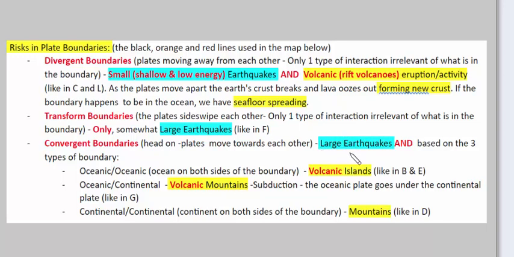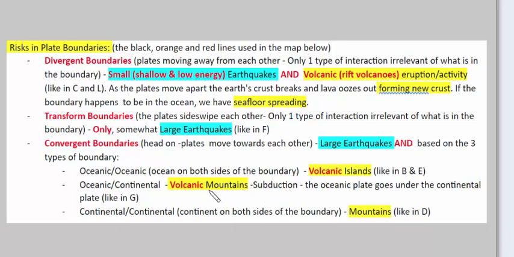Same thing: head-on collisions of plate tectonics will shake both plates. Now, if they are both oceanic, along with large earthquakes, we get volcanoes, volcanic islands in this case. If one is oceanic and the other is continental, we get volcanic mountains.